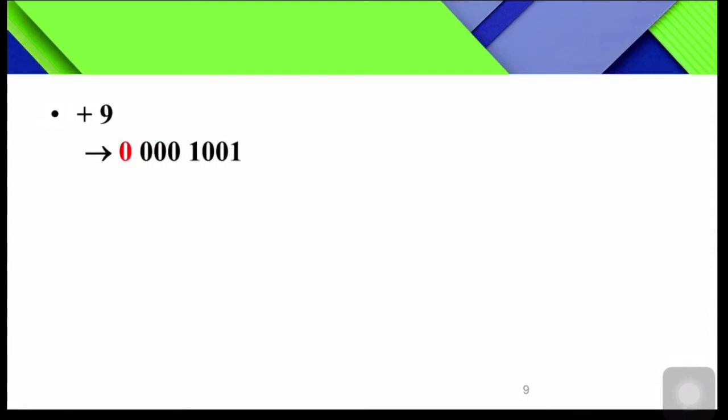So we got the 2's complement representation of plus 9 as 0, 0, 0, 0, 1, 0, 0, 1. Here the 0 at the MSB is the sign bit and these 7 bits are the binary representation of 9.